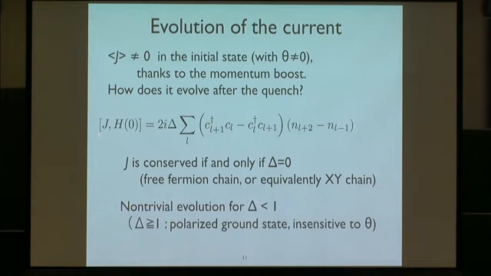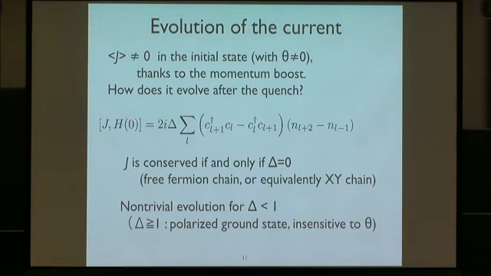If you consider the equation of motion of this uniform part of the current J, then it's given by the commutator between J and the Hamiltonian, of course. This commutator is basically proportional to delta times some operator, where delta is the interaction parameter, or anisotropy parameter, of the XXZ chain. So this is some non-trivial operator, but one point is that if delta equals 0, if the system is non-interacting, then this right-hand side vanishes.